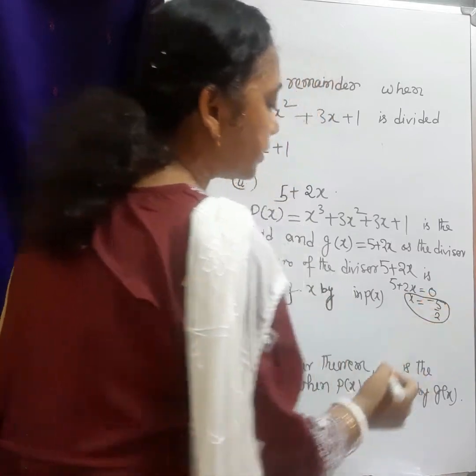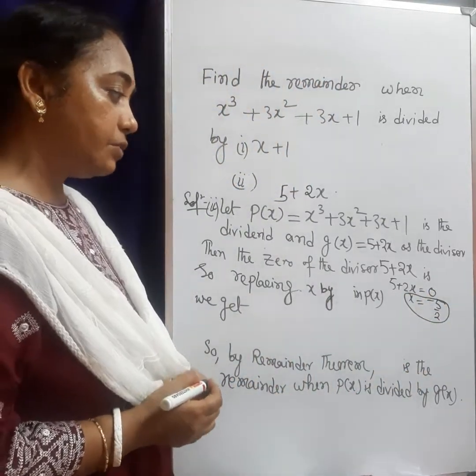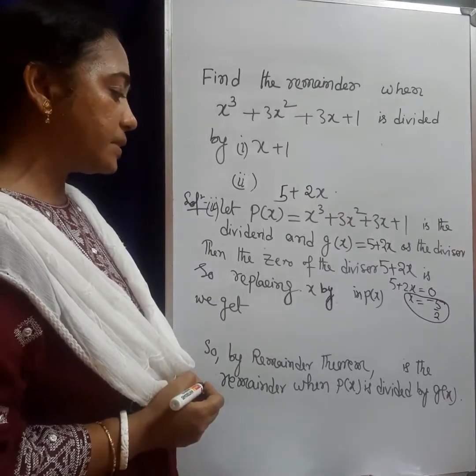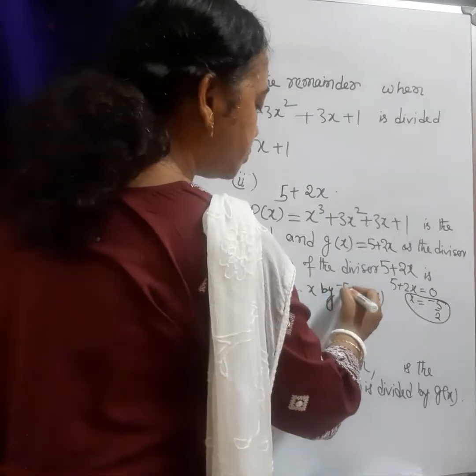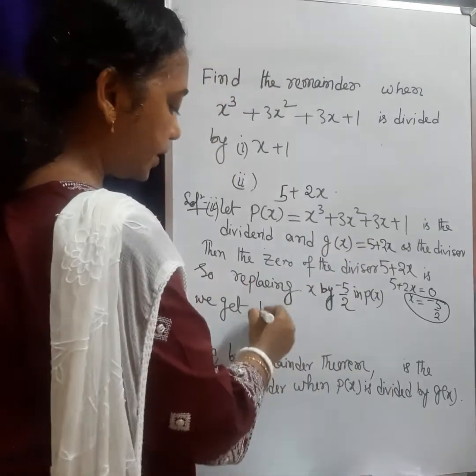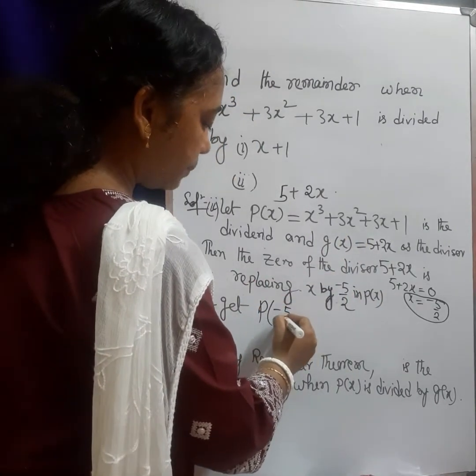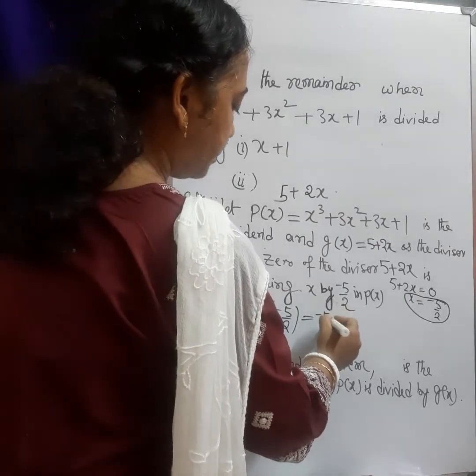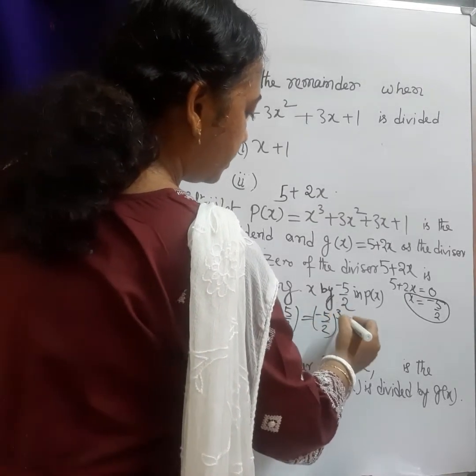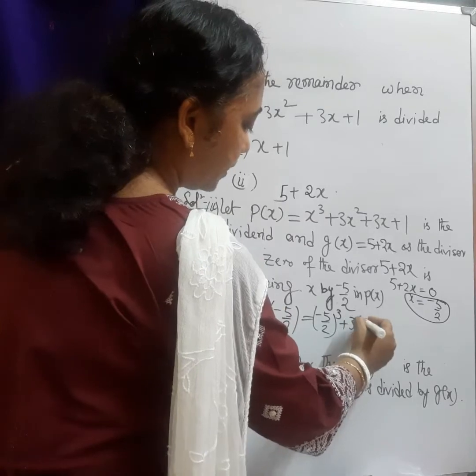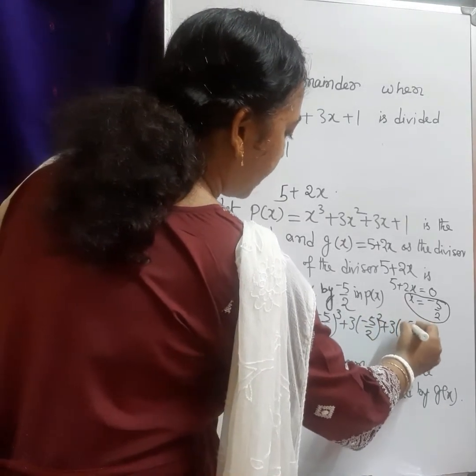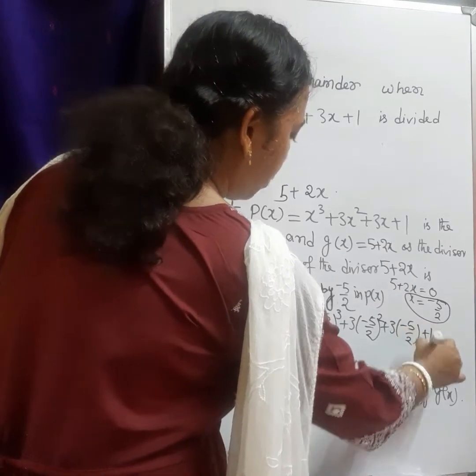So the 0 of the divisor 5 plus 2x is minus 5 by 2. Replacing x by minus 5 by 2 in p(x), we get p(minus 5 by 2) is equal to (minus 5 by 2) whole cube, plus 3 into (minus 5 by 2) whole square, plus 3 into (minus 5 by 2) plus 1.